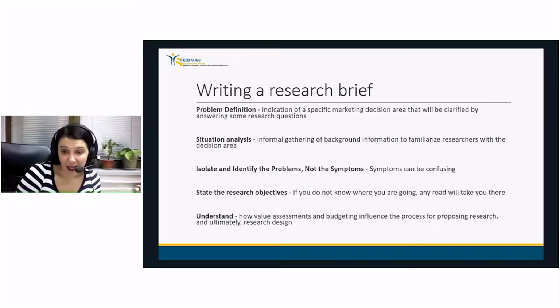Understanding how the budgeting influences the process of the research proposal and the research design. So like any kind of brief, the first thing to do after writing this is to have a debrief.